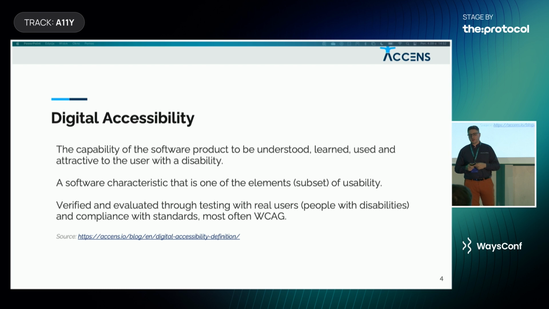To make sure of that, you have to do two kinds of tests. One is with real users who have a disability, to make sure they are able to access your software. The second is about standards, because there is WCAG, which takes care of defining standards for software to be accessible. So there is a checklist, there are standards you can follow to make sure your software is accessible. Those three aspects are the key of digital accessibility.